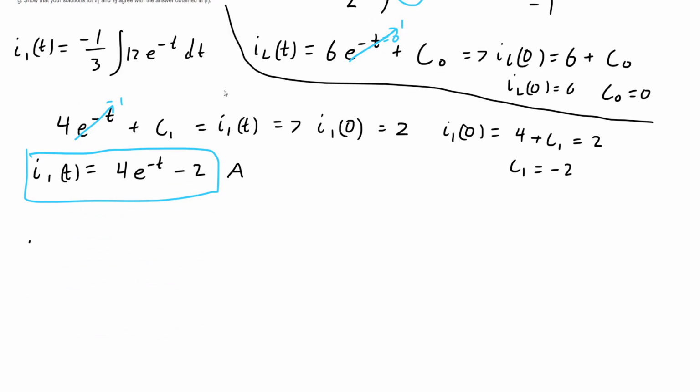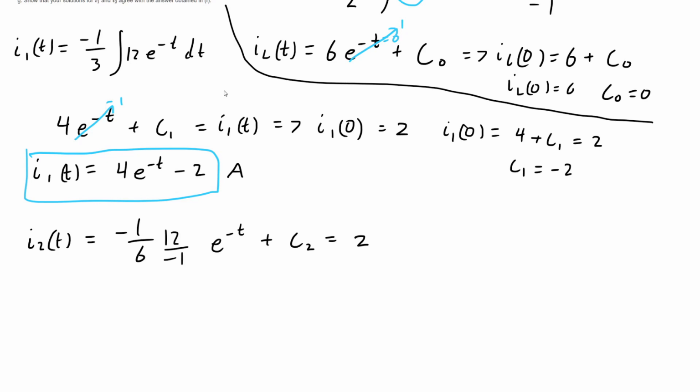So we're going to do that same process again for i2(t). 1 over the equivalent inductance, which is 6. I'll go ahead and pull the 12 out already because you know the drill. And the antiderivative, e to the minus t plus C2. All right. So this thing's going to simplify to, let me just write it out. 12 divided by 6 is 2.